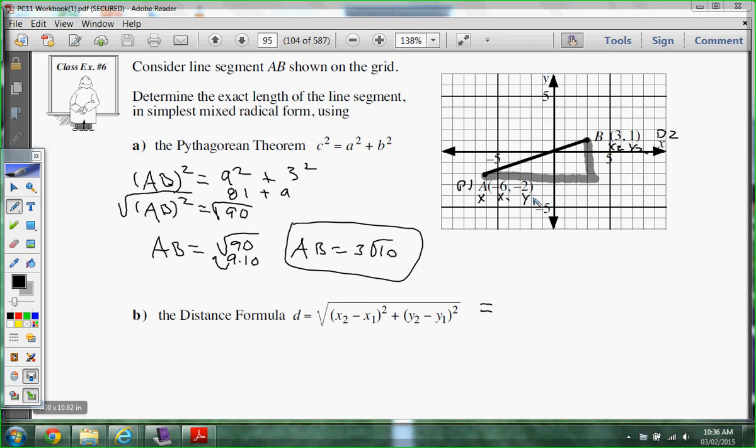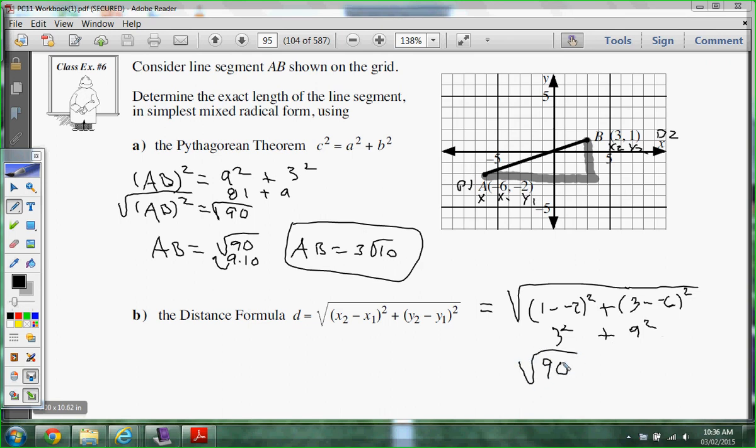So we have 1 minus a negative 2 squared plus 3 minus a negative 6 squared. Okay, that's going to give us 3 squared plus 9 squared. And we're going to get root 90 again, which we already know is the 3 root 10.